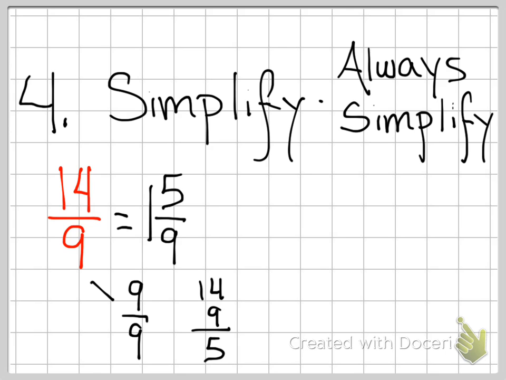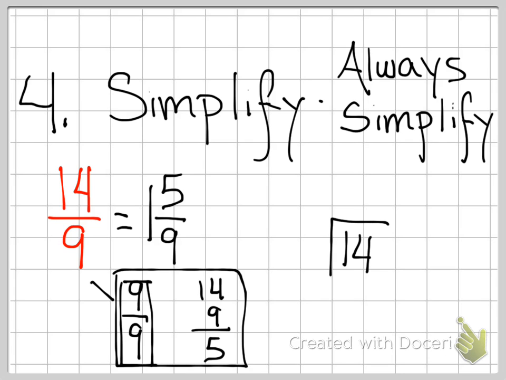Now, the way that we should be doing this, right? This down here kind of shows you what we're thinking about. We're taking out the whole number, this part right here. But that's really a division problem. What you should be saying to yourself is, okay, how many groups of 9 ninths can I take out of 14 ninths? And that's a division problem, right? 9 goes into 14, 1. I can take one group of 9 out.